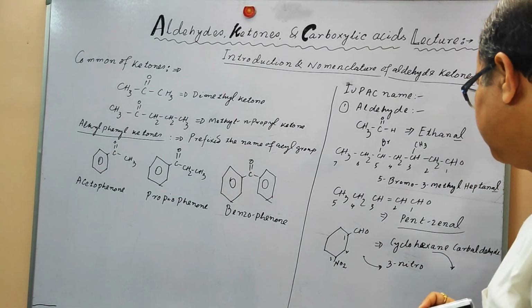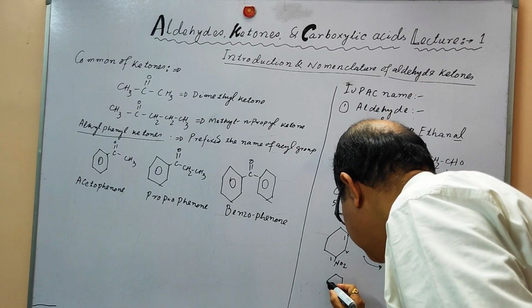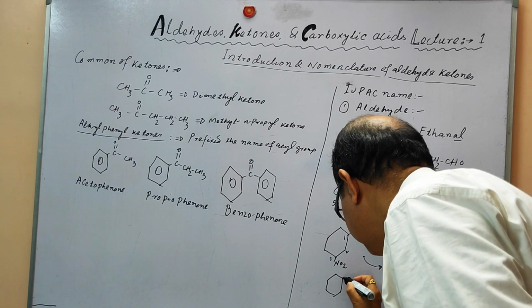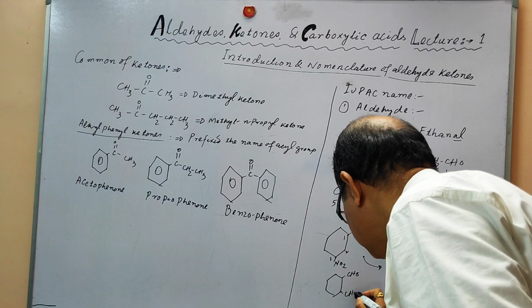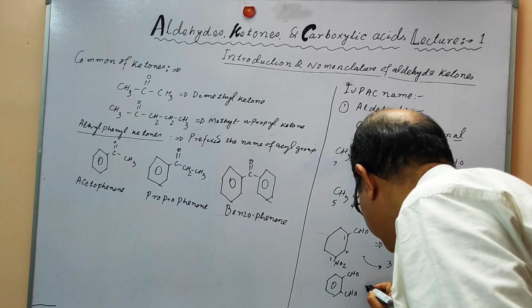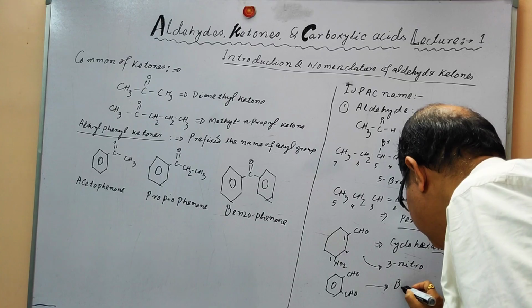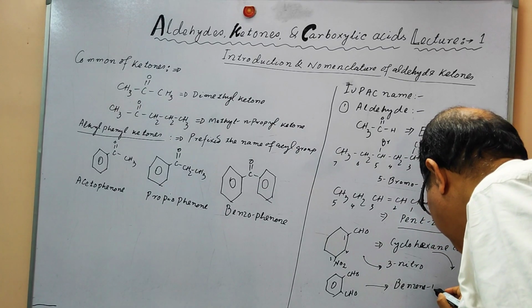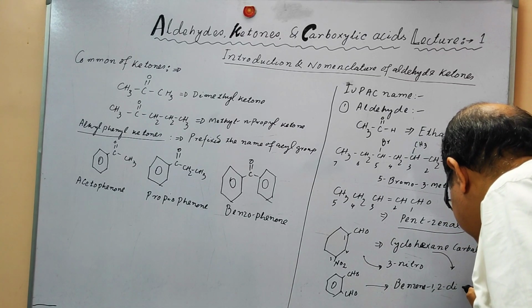Okay. Now suppose this is a benzene ring. Here there is a presence of CHO. At that time what will be its name? The name will be benzene-1,2-dicarbaldehyde.